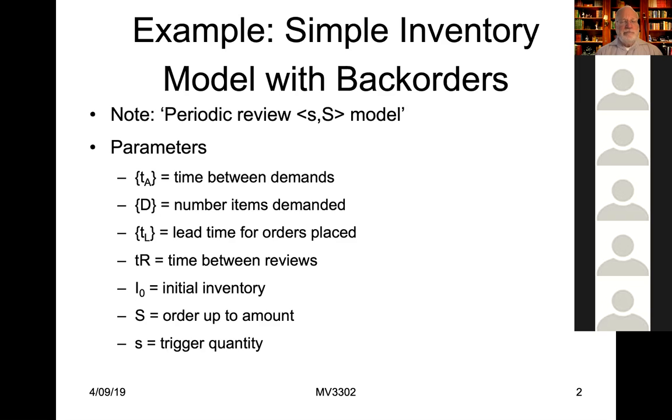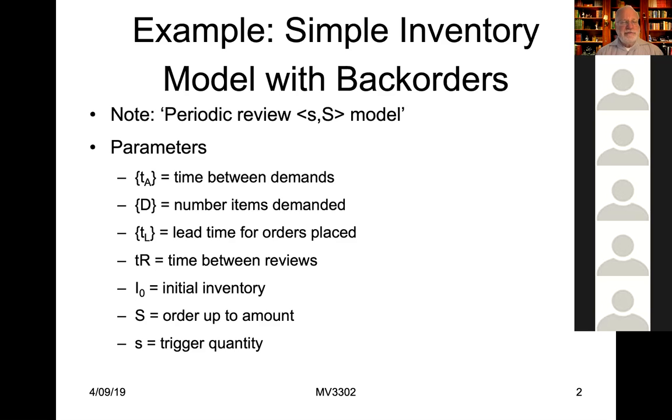The TR parameter is the time between reviews. Notice that it does not have curly braces, because the way it's typically implemented is that it would be a fixed quantity, like every day, or every day at 8 in the morning, or every week on a Monday, say, that the review would be done.